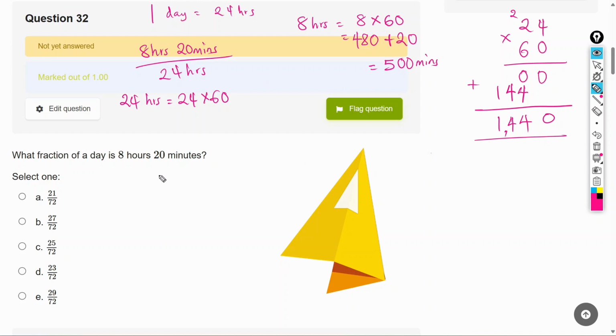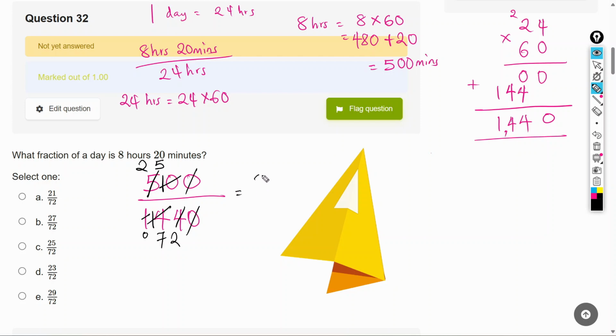So what we are looking for is 500 divided by 1440. We can cancel out our zeros, which is the same thing as dividing by 10. And then we can divide by 2. 2 into 1 is 0, carry 1. 2 into 14 is 7. 2 into 4 is 2, 72. 2 into 5 is 2, remember 1. 2 into 10 is 5.